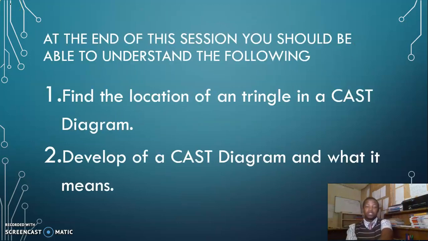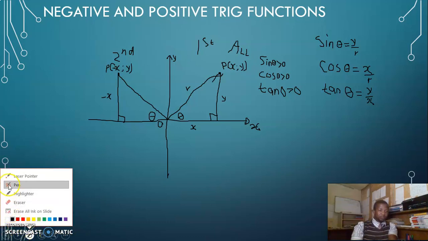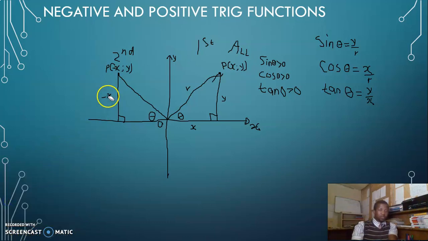Okay, where is our sketch? Let us just wipe this down. So we've got our y, which is positive here, and then our x is negative. All right.